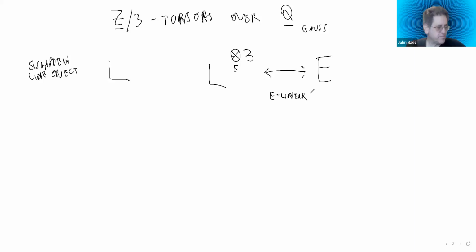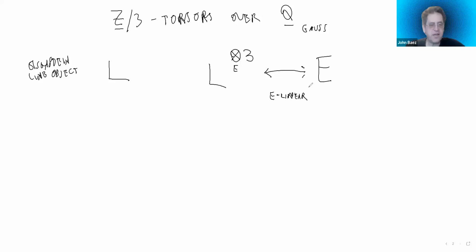And I could have emphasized this, for some silly reason, as E being the zeroth tensor power over E of L, but it's just the unit object, which is E itself, since we're doing tensor product of Eisenstein line objects.